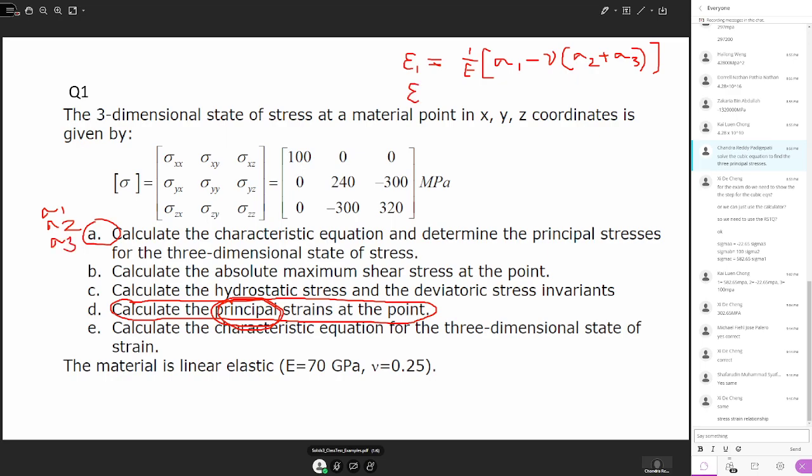Similarly, the second principal strain epsilon 2 will be, just follow this equation: 1 over Young's modulus into sigma 2 minus nu, the Poisson's ratio, into sigma 1 plus sigma 3. Okay, so use these equations and calculate, and let me know your answers.